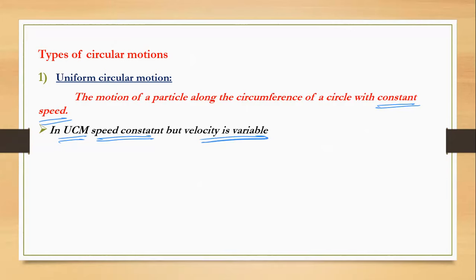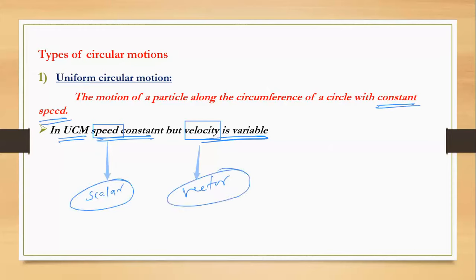You remember the basic difference between these two quantities, speed and velocity. Speed is a scalar quantity, and velocity is a vector. You know that a scalar depends only on magnitude, and a vector depends on magnitude as well as direction.